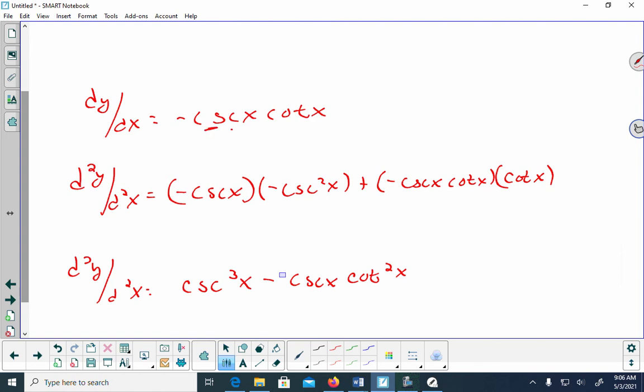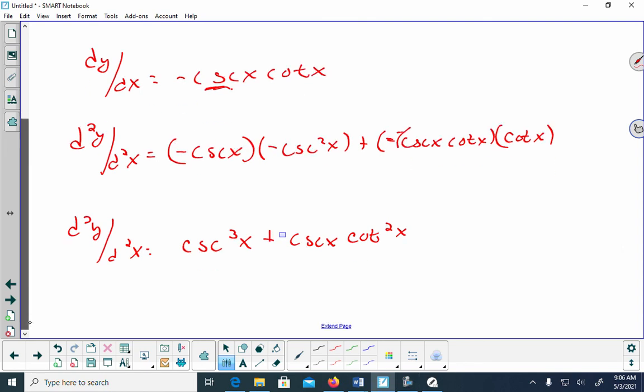When I went to take the derivative of this cosecant, there's a negative sign that I'm bringing along, and then the derivative of cosecant is negative. So I'm going to have that negative times a negative, so this will be a plus.